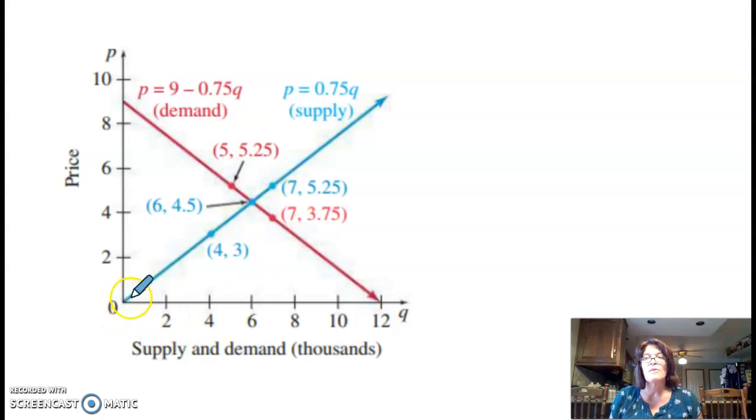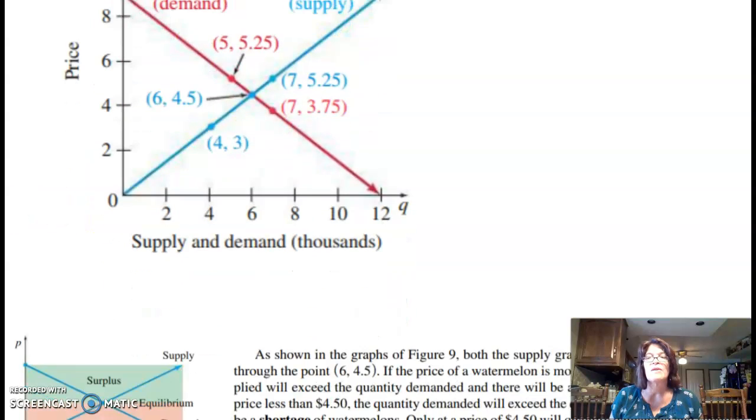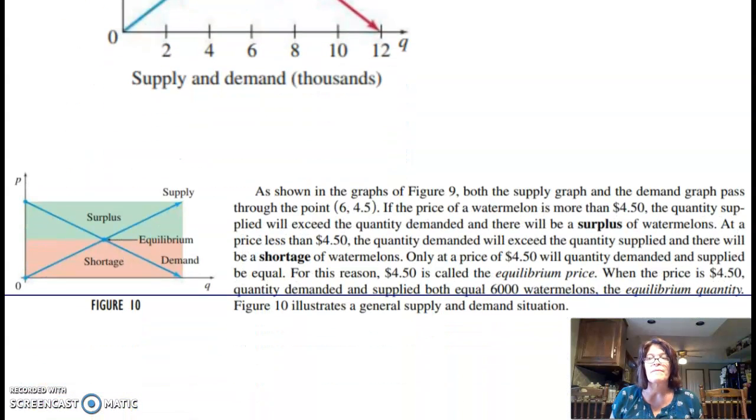So we have our supply function 0.75 Q right here. That's our supply based on our quantity. And here's our demand function. This point right here, 4.5, is something we call the break-even point.